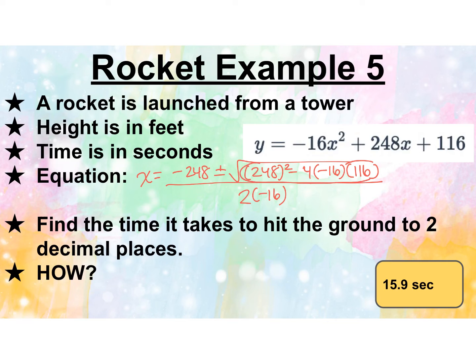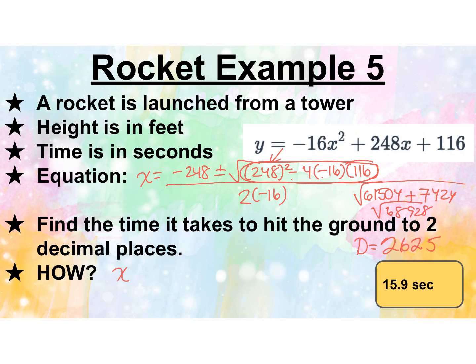Remember, we start by figuring out the discriminant. So that's a lot. Do this piece on the calculator. 248 squared is 61504. And then the last part here, that's a minus a negative, so that's going to be plus 7424, which is the square root of 68928, which when I hit a decimal is 262.5. That is my discriminant.